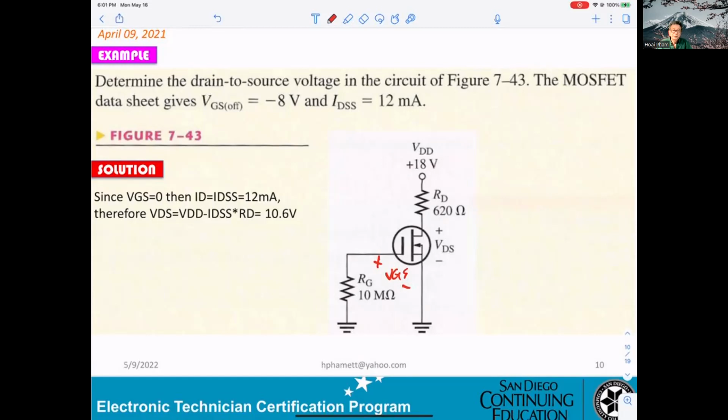Then you can calculate the VDS. That means the voltage from the drain to the source equals VDD minus IDSS times RD. That gives you 10.6 volt. Any confusion, anything you cannot follow, just bring up the question.